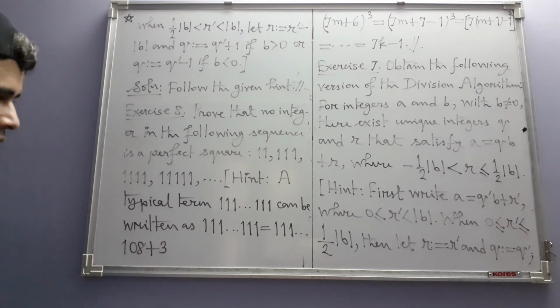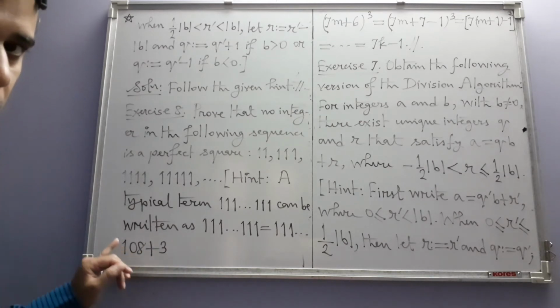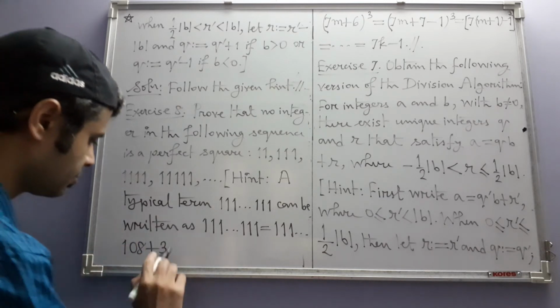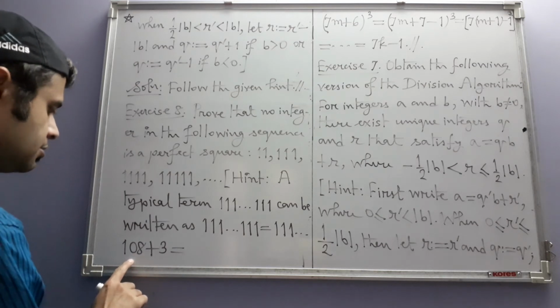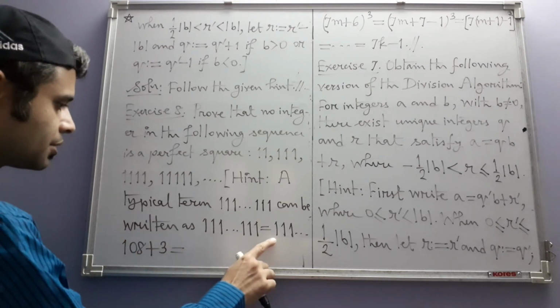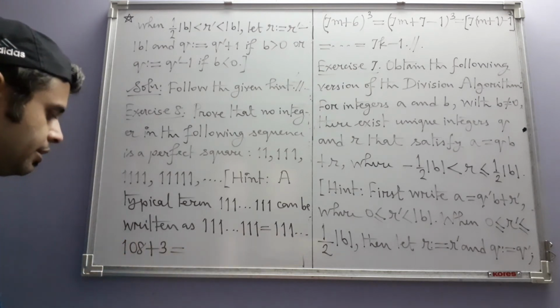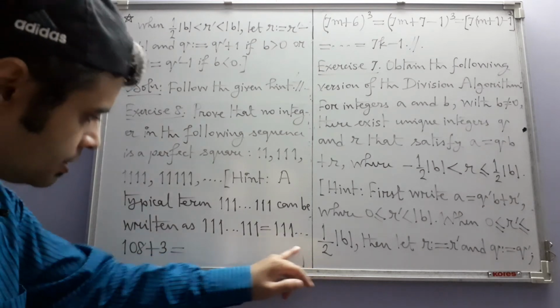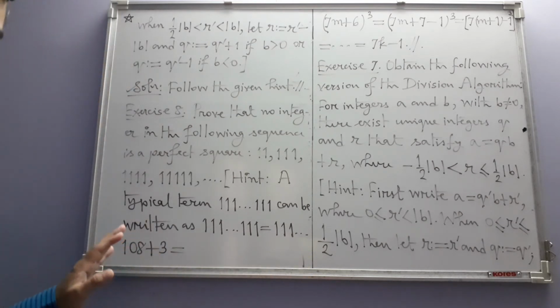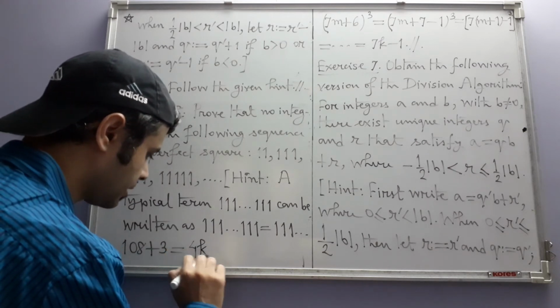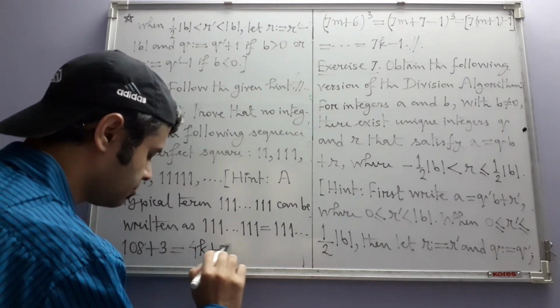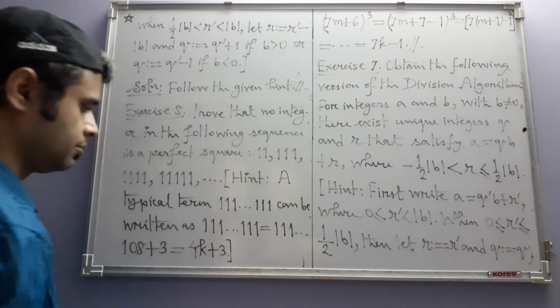It's not 108, I mean the last 3 digits are 10 and 8. And from the form of this integer, you can see that this integer is divisible by 4. So the actual repunit is of the form 4k plus 3.